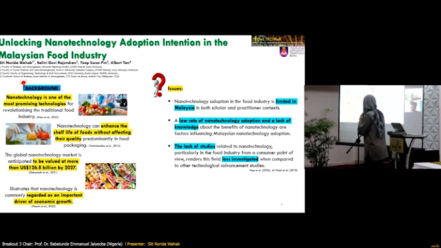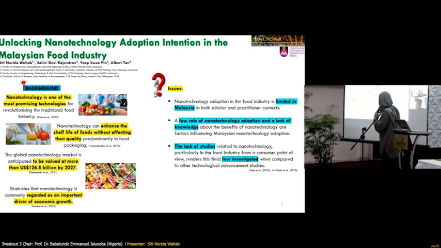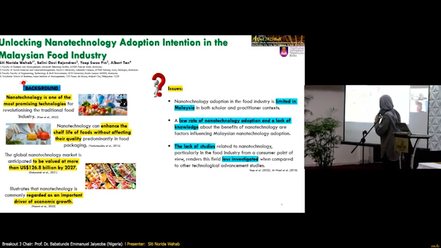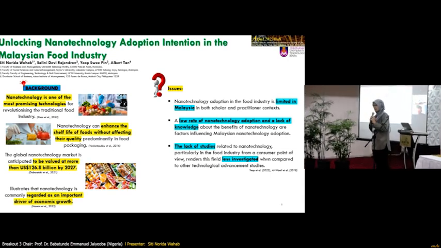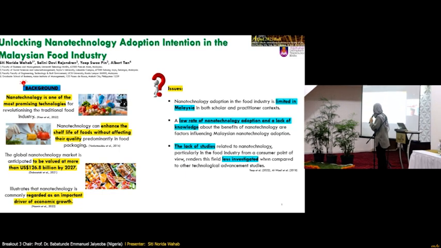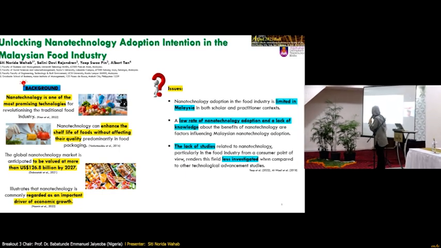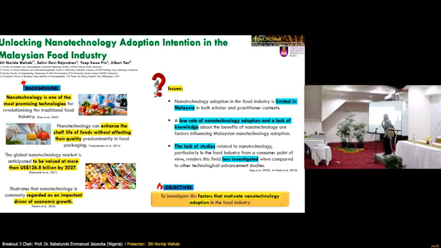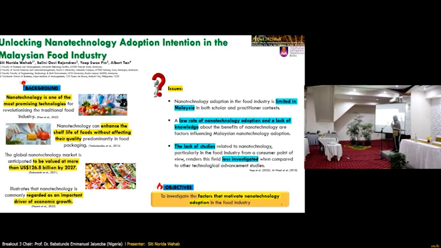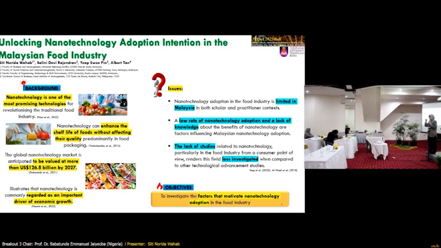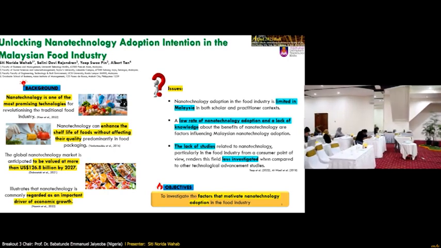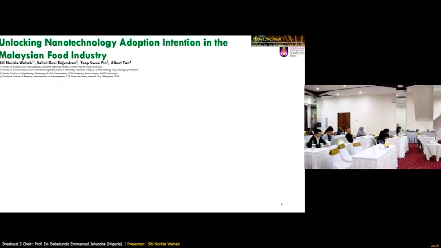So that's the next issue. And of course, related to the first one, a lack of studies investigating this field, both nanotechnology as well as its applications in the food industry. So the objective of this study is to investigate factors that motivate nanotechnology adoption in the food industry. We specifically focus on the food industry. Okay, moving on.